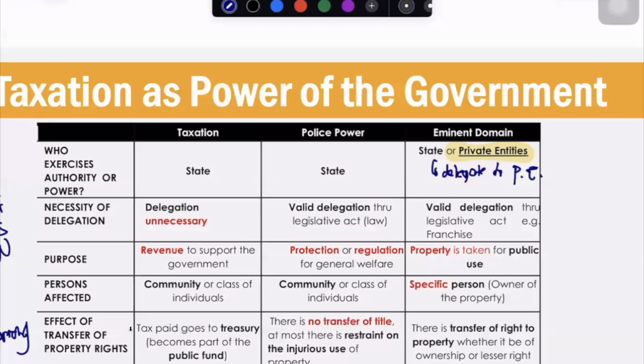But for taxation, take note, it cannot be delegated. For police power, it can be delegated. Eminent domain can be delegated, and the delegation extends even to private entities, but for police power, generally, it is only confined within the government, national or local.